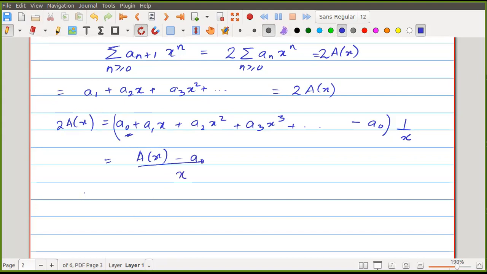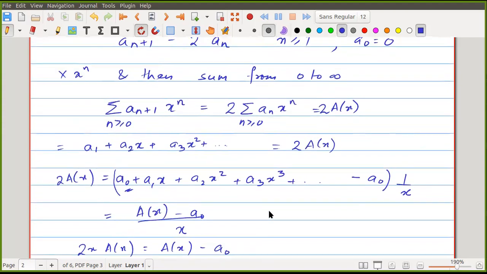Now this solving is easy. You have 2x ax equal to ax minus a0, which further tells you that ax is equal to a0 over 1 minus 2x, right?